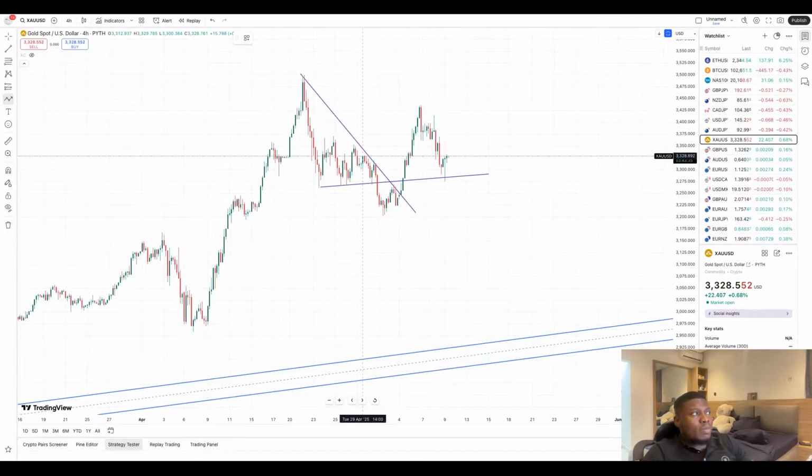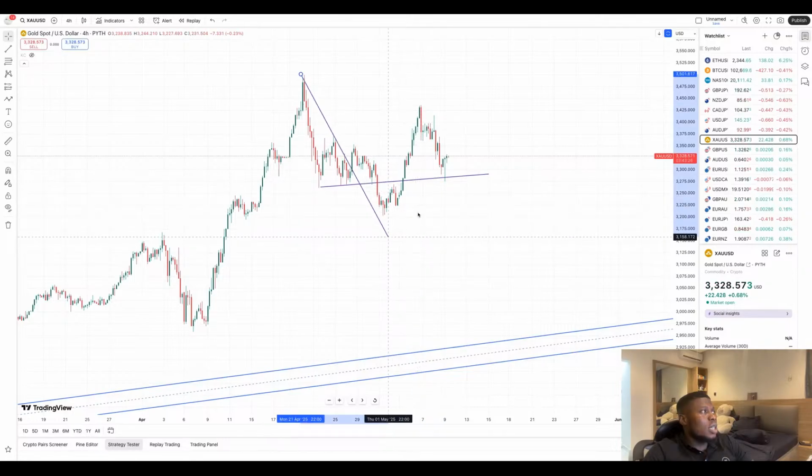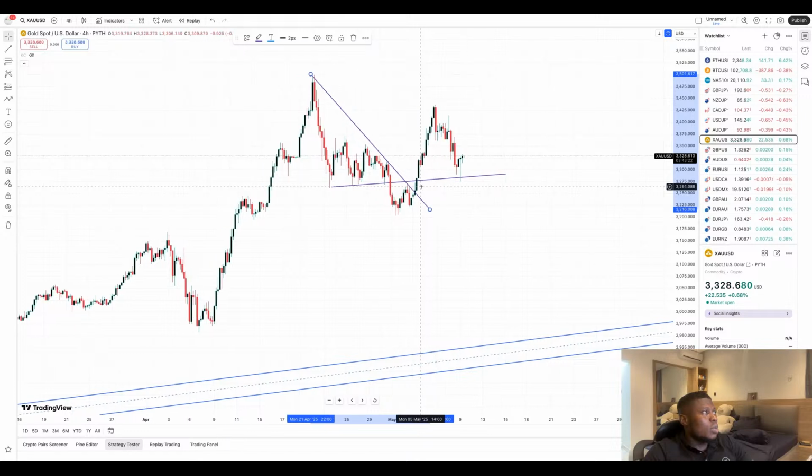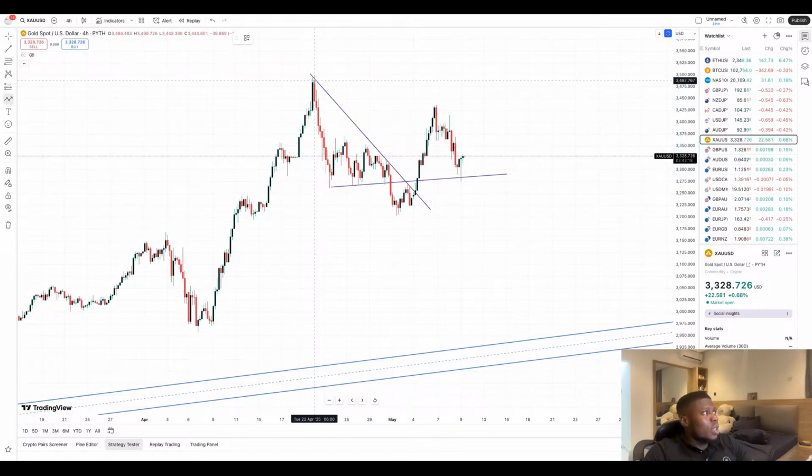But again, patterns are sometimes confusing, because of how this pattern was forming. This is a swing. This is the first swing of the pattern, down to this.